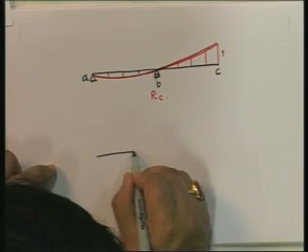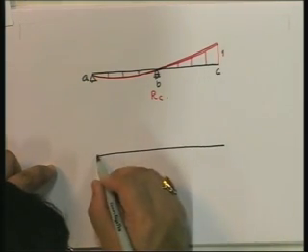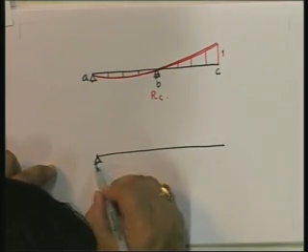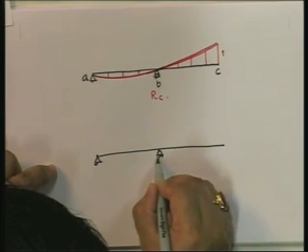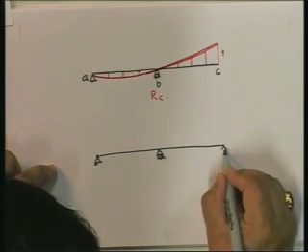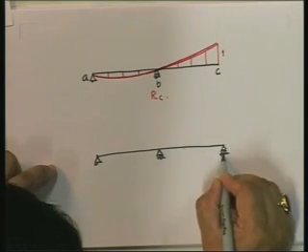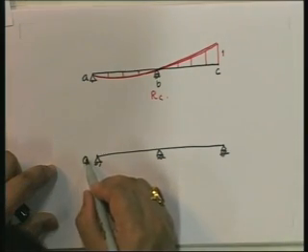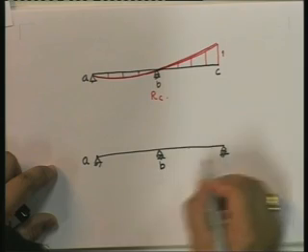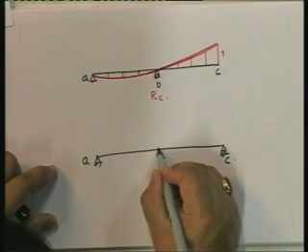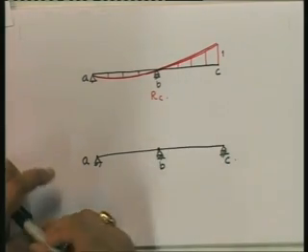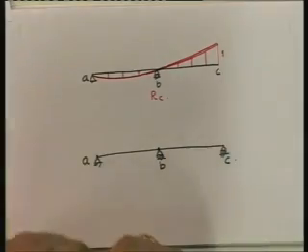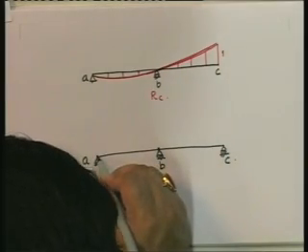And finally, for the bending moment at B, with points A, B, C, what we have to do is give it a pin and make it go this way.